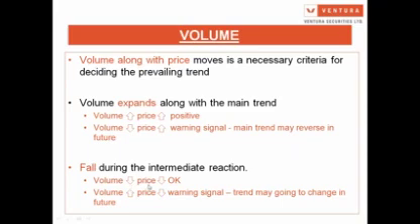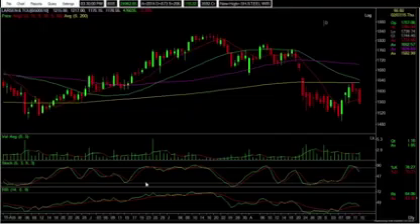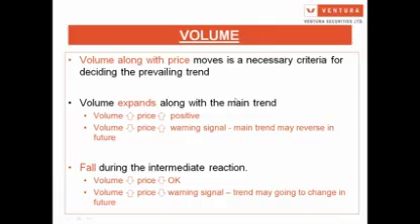But if you see during the reaction that volume is increasing and price is decreasing, in this case, after the upward move, during this phase, we see higher volume. So that gives a signal that the trend is going to change its direction from bullish to bearish, because the volume is higher in the intermediate reaction. So this is not the case of an intermediate reaction, but a case of change in the direction of movement from bullish to bearish. So to gauge the trend, volume plays a very important role.